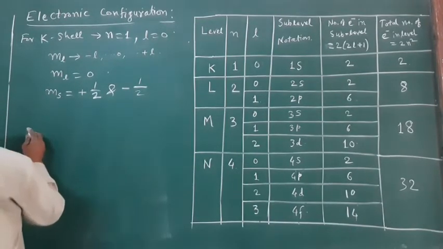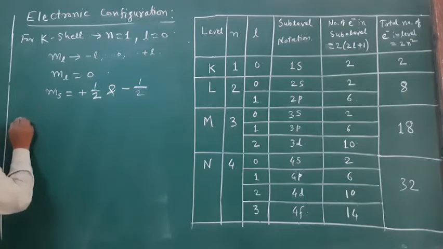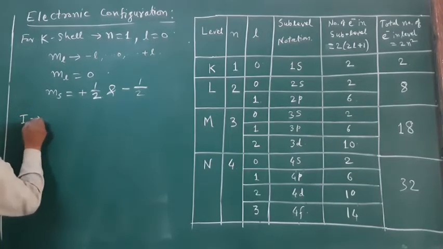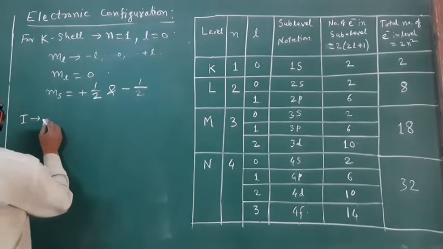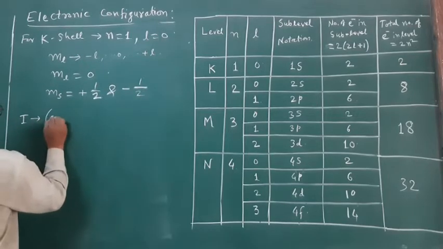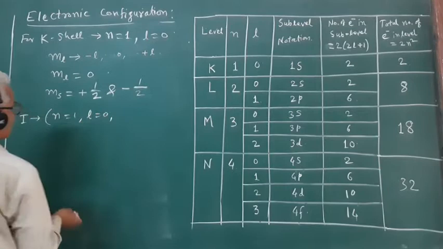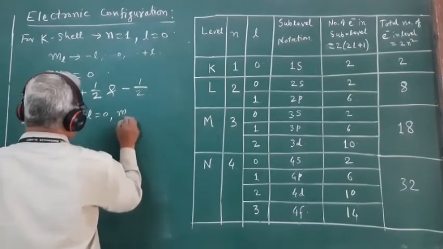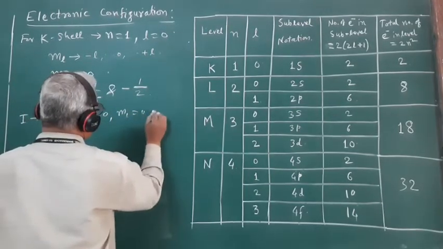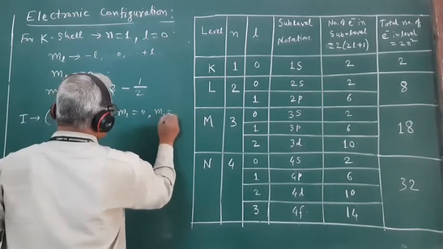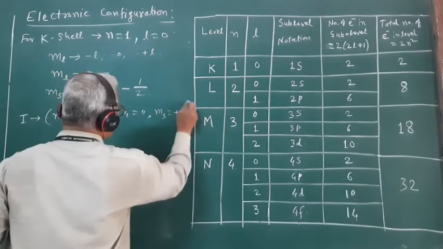The first possible set of these 4 quantum numbers is n equal to 1, l equal to 0, ml is equal to 0, and ms equal to plus half.